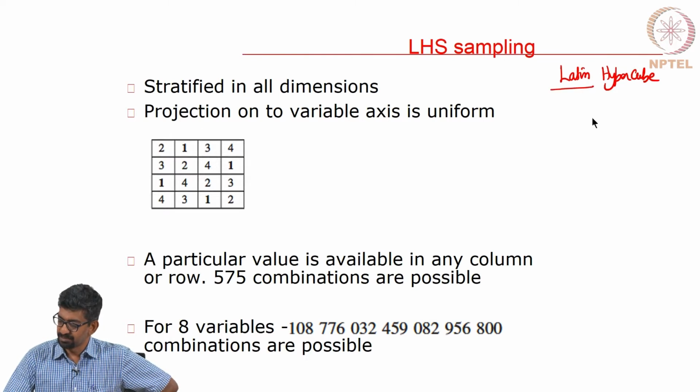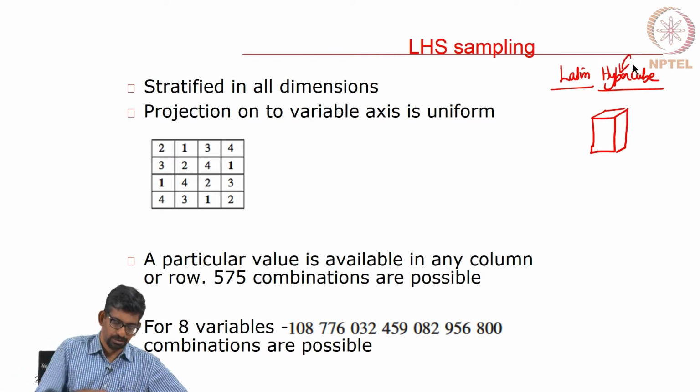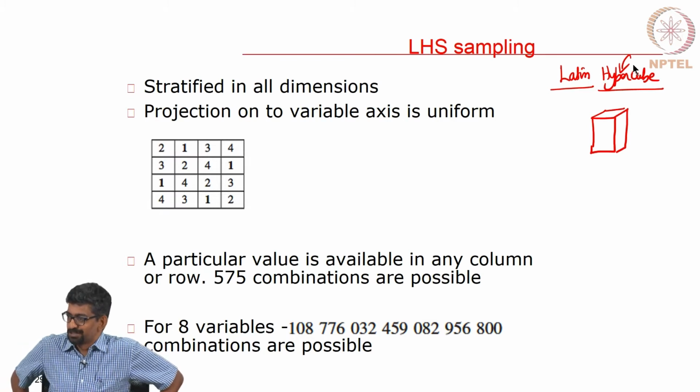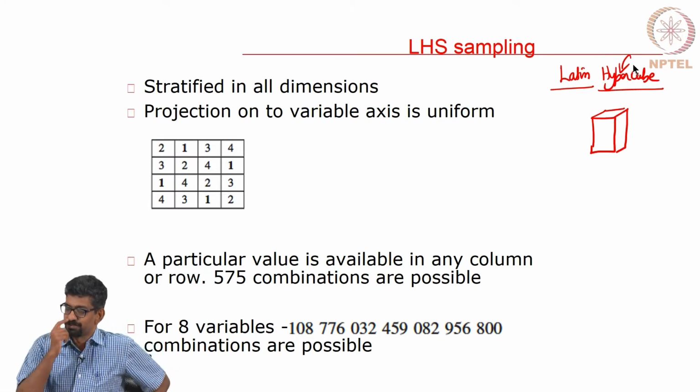This Latin is nothing but the Latin square that we are talking about, -1 to +1. This hypercube: this is a square, but in n dimensions it can be a cube, then in fourth dimension I cannot draw, it will become a hypercube. So, the generalization is Latin hypercube sample. In 2 dimensions it should just be a Latin square sample, okay. But then square is just a simplification, a simple case of a hypercube.